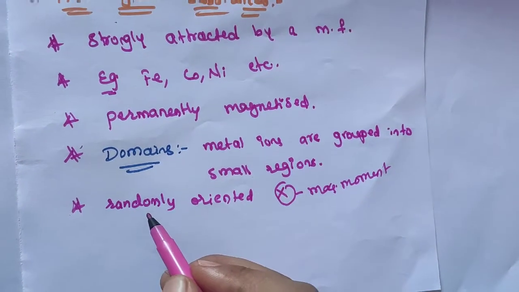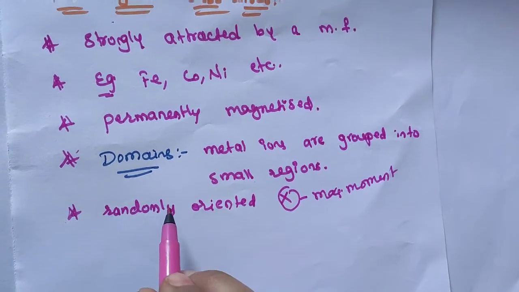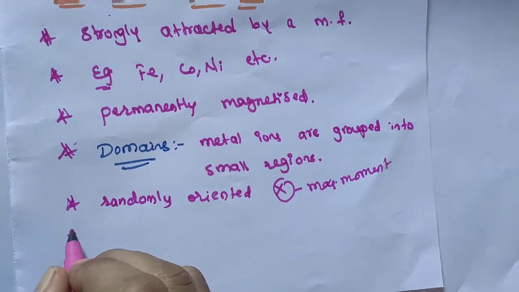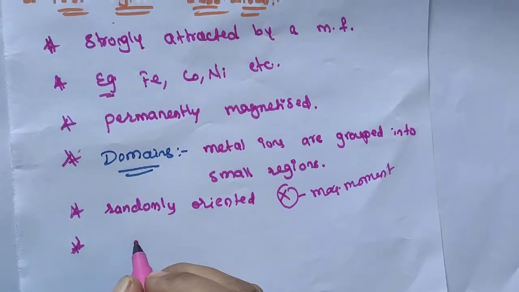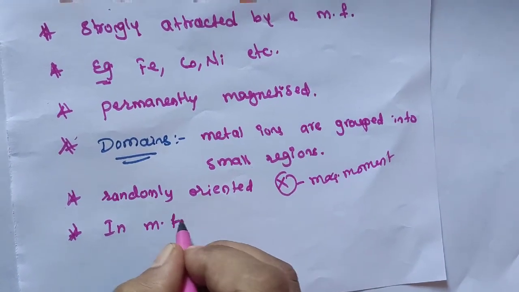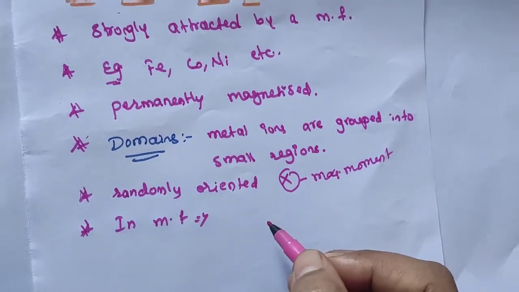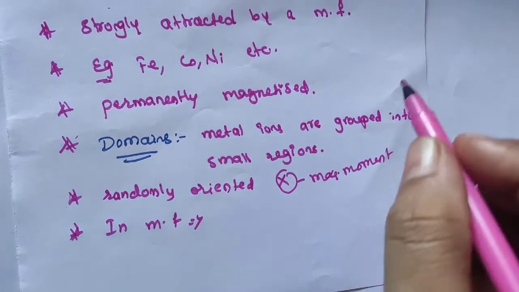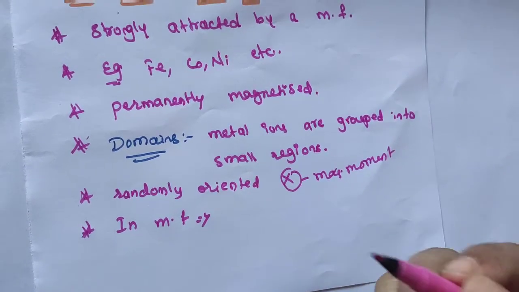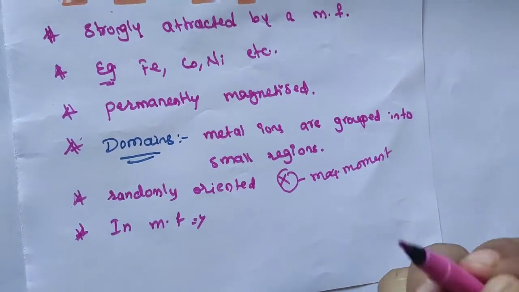So you should remember that in the unmagnetized state they are randomly oriented, so their magnetic moments are cancelled. But in a magnetic field, these domains are oriented in the same direction, so a strong magnetic effect is produced.